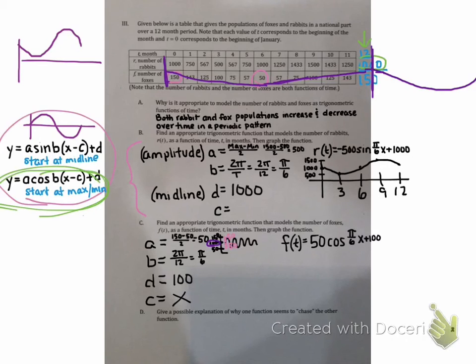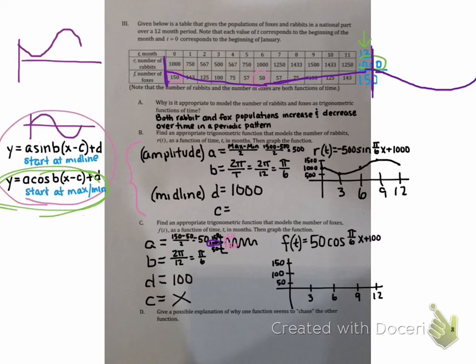It wants me to graph it, so let's take a look at what this graph looks like. All right. We are shifted up 100. Our amplitude is 50. That means I'm going to go up to 150 and down to 50. My period was 12. Let's split that into 3, 6, and 9. I started, what was my beginning value?